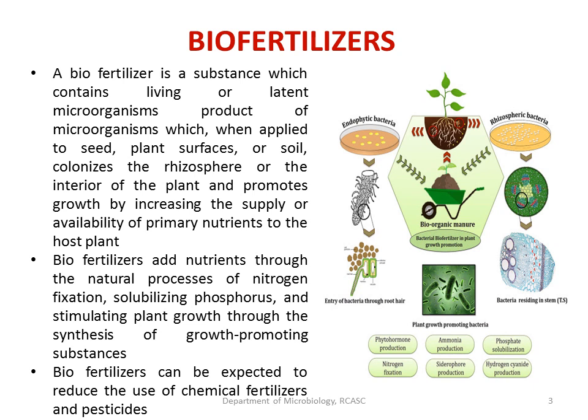Overall, this group of bacteria or organisms can be called plant growth promoting organisms. Preparations of such organisms which we are going to apply onto the field for increasing the fertility of the soil are called biofertilizers.